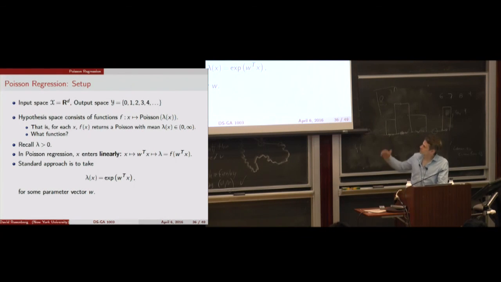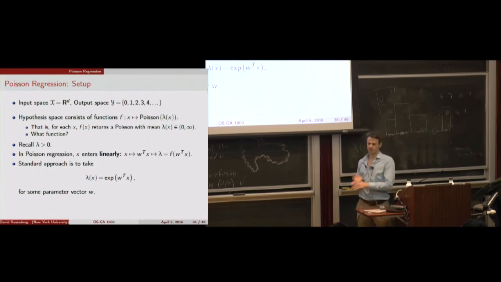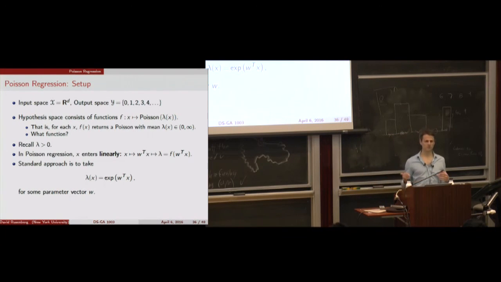Poisson is an instance, Bernoulli is an instance, multinomial is an instance, gamma is an instance, different exponential families that we can do the same game with. The linear refers to the fact that the first thing we do with x is take a linear function of it, and then transfer it from there to a probability.